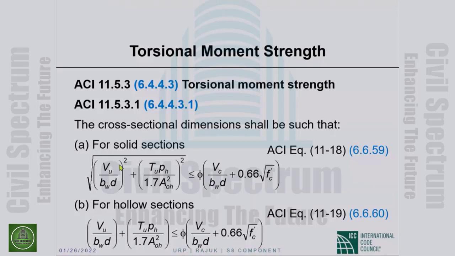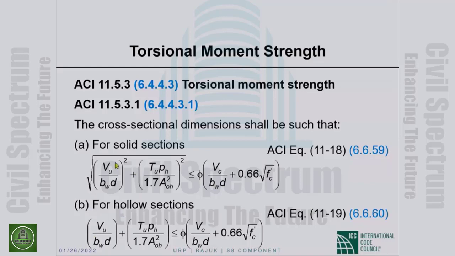Okay. So the square root of the sum of the squares of the shear stress and the torsional stress shall not exceed phi times the shear strength provided by the concrete, in terms of stress, the shear stress that concrete alone can resist, plus 8 square root of f sub c prime.